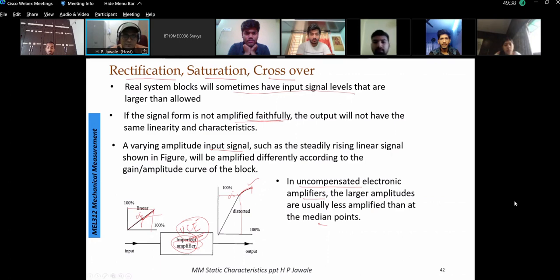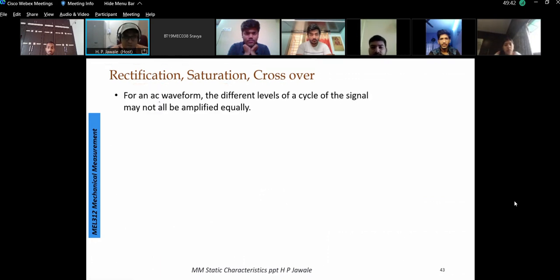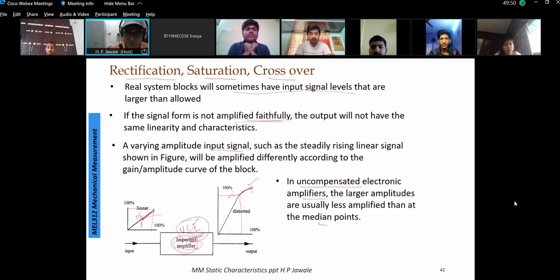So this kind of element will then be called, say for example, an AC waveform. The different levels of the cycles of the signal may not all be amplified equally. You can refer to this earlier. There will be some difference in amplification. Half the signal will be amplified properly, the remaining half will not be amplified properly.